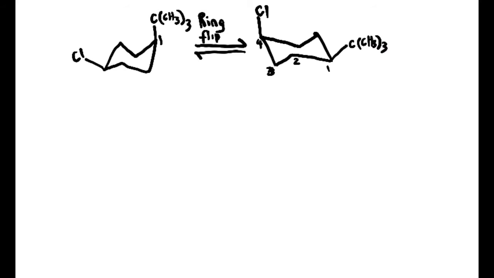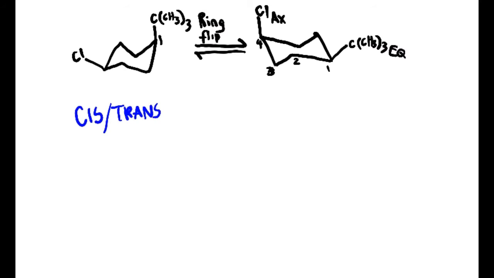And there's another way that we can describe these groups relative to one another. Instead of just saying that the carbon bonded to the 3 methyl groups is equatorial and the chlorine is axial, we can say how those groups are appearing on the molecule relative to one another by describing them as cis or trans.